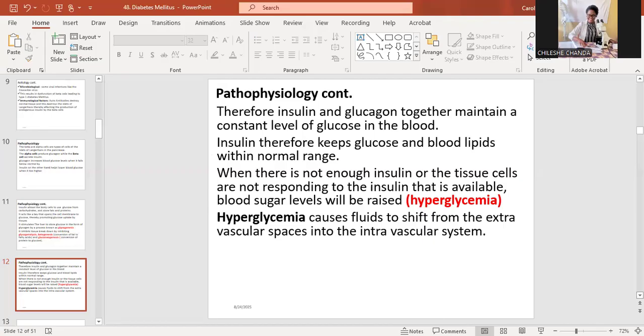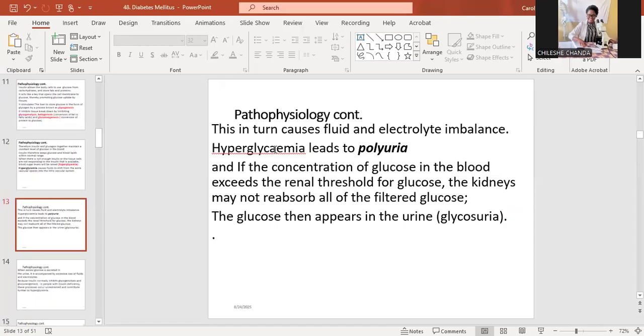So when there is hyperglycemia, fluids will start shifting from the interstitial spaces, meaning from the spaces around the cells, from the spaces around the blood vessels, into the blood vessels, in order for these fluids to go and try to dilute the blood, because the blood in this case is highly concentrated.